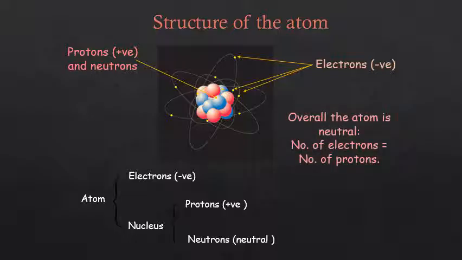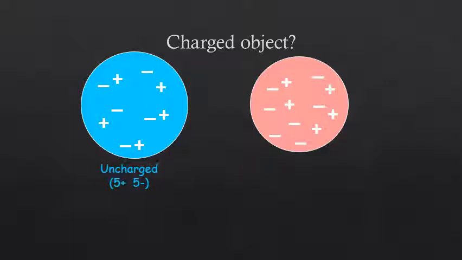So overall, an atom has a charge which is neutral because the number of electrons equals the number of protons. So, is an object going to be charged? Well, the blue object, the number of positive charges equals the number of negative charges. Therefore, because the sum is going to be overall 0, we say that's uncharged.